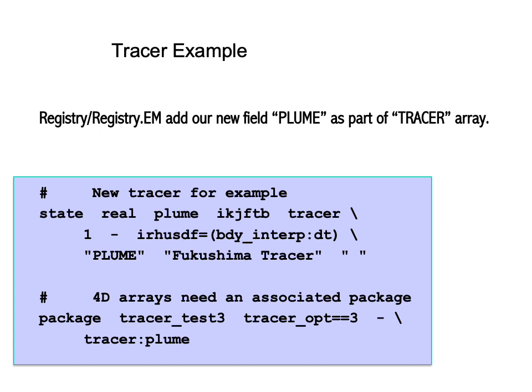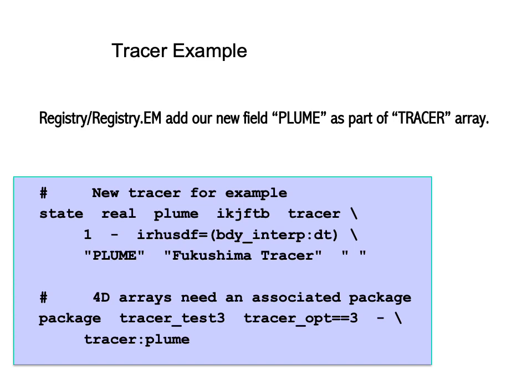To do this, there are only a couple changes that we make in the registry. We already have a 4D array called tracer. We simply go down to the tracer inside of the registry, and there are a number of components already. And we simply add one. Our new component name is going to be called plume.